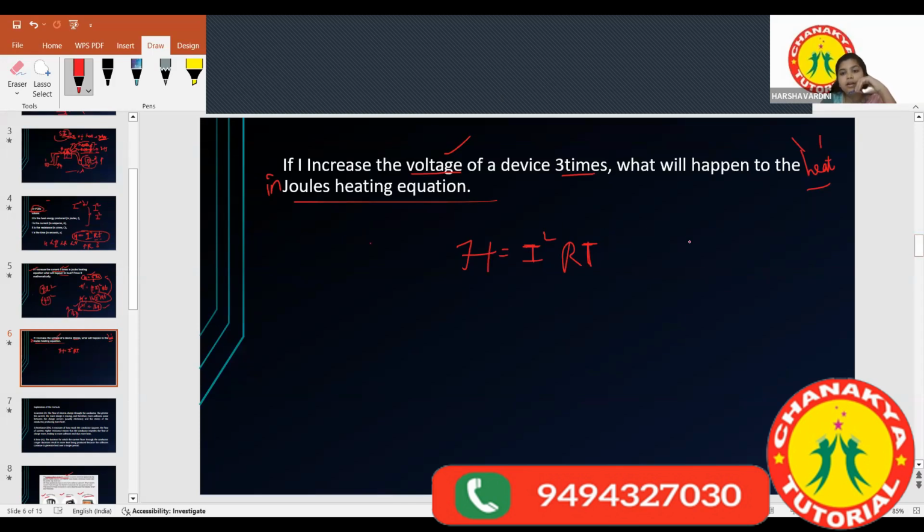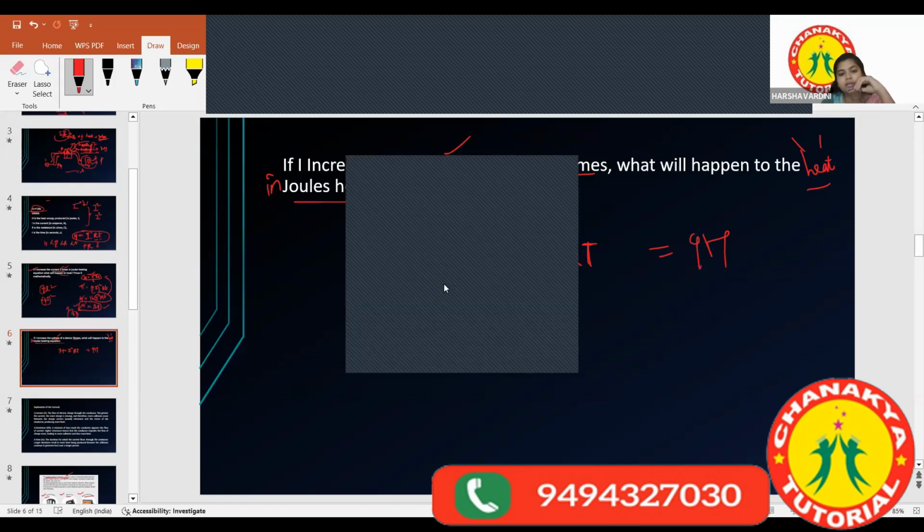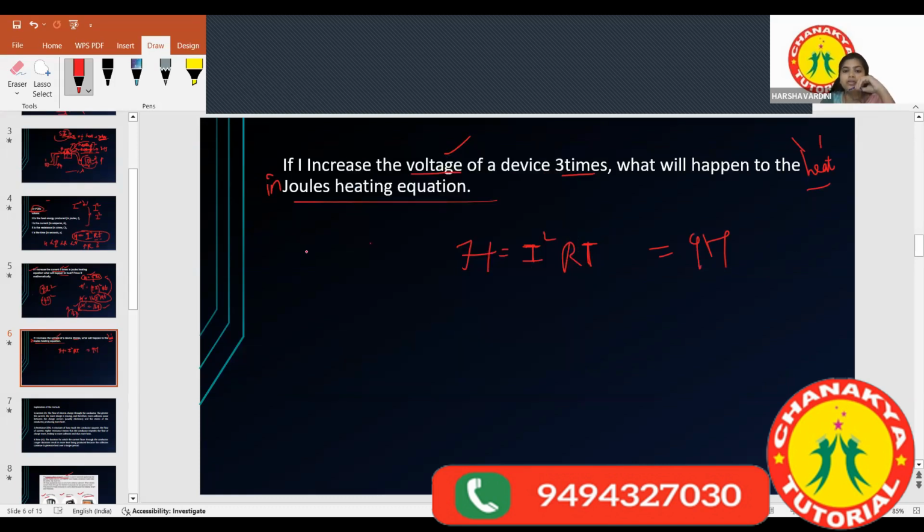So everybody got 9H as the answer. Soumya, you got 9H? Soumya left the meeting. Okay, leave it. I don't want to explain, right? Everybody got the right answer.